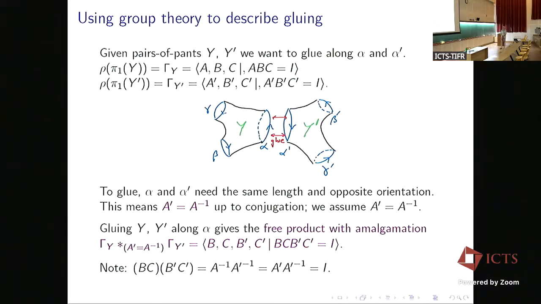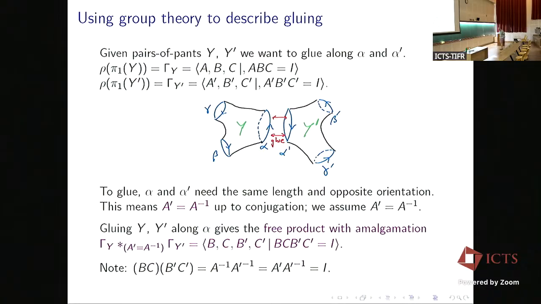A prime should equal, and then because of the opposite orientation, we have A inverse and not A. So the gluing conditions, same length, opposite orientation, are that A prime should be conjugate to A inverse. And because I've got a little bit of freedom of how I do this, let's just assume that A prime is equal to A inverse when I'm introducing a new pair of pants.